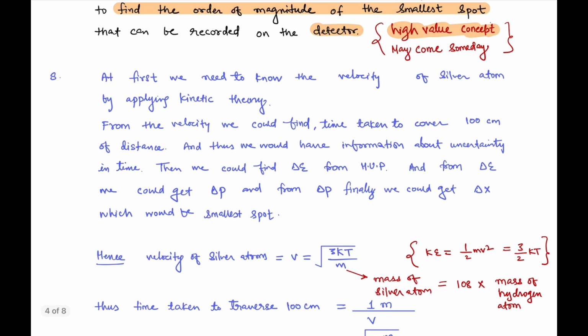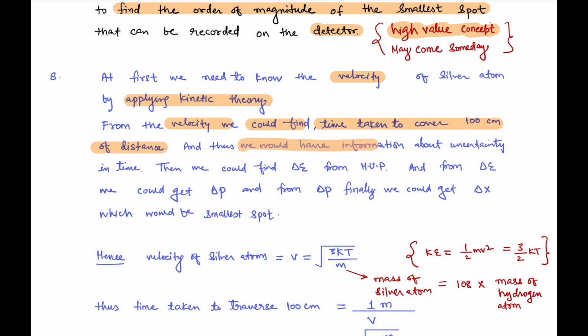At first we should try to find the velocity of the silver atom by applying the kinetic theory. We have temperature, so from temperature we can get that, but let us understand the concept first. From the velocity we could find the time taken to cover 100 centimeter of distance. If you know the velocity and the distance, you can obviously know the time taken to cover that distance.